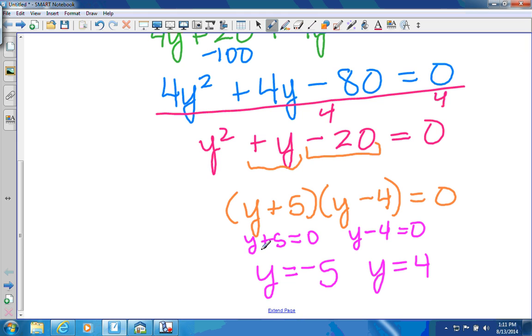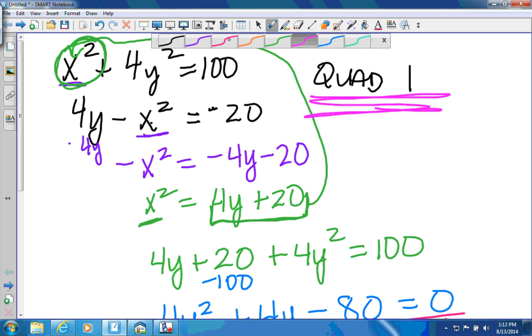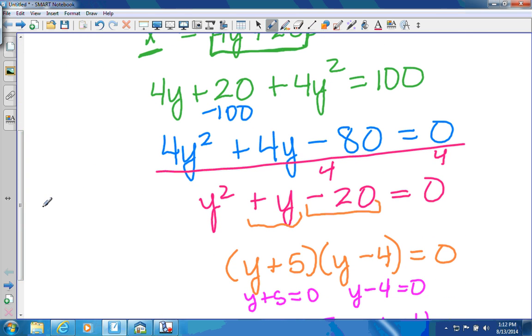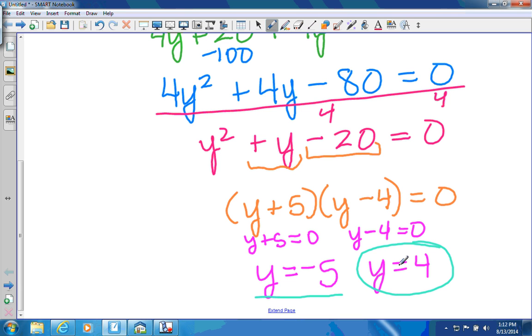Now, in this particular question, they only wanted a solution that was in quadrant 1. Quadrant 1 is this quadrant here, where both your x and y values are positive. So you would not have to do anything with the negative y value. So now we know that y has to be positive 4.